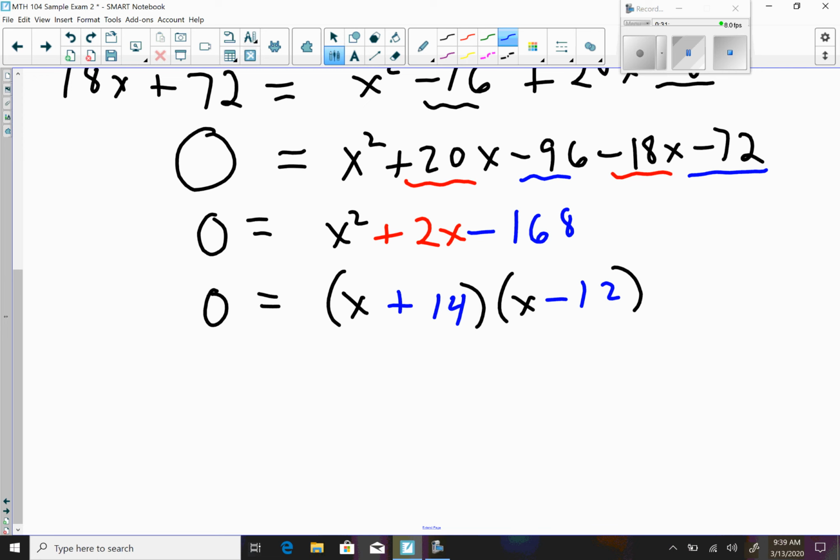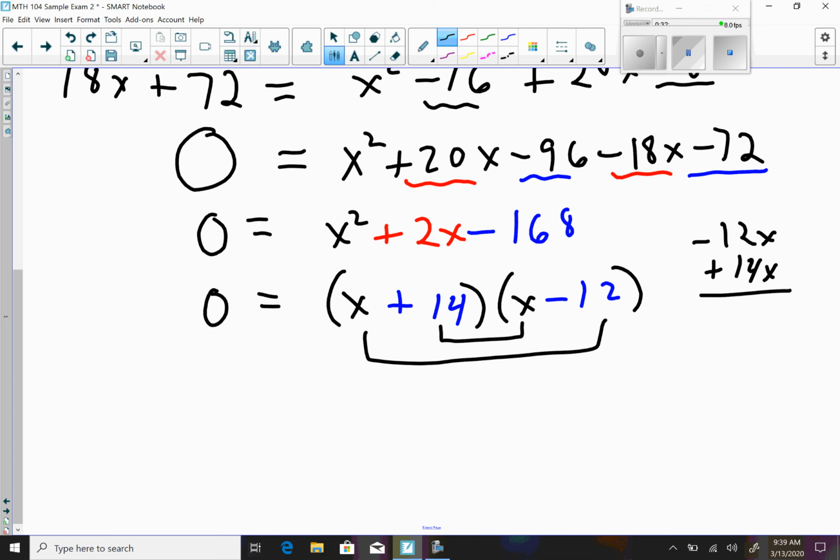So check with your calculator, make sure 14 times negative 12 is negative 168. Check outers and inners. X times negative 12 is outers. Positive 14 times x. Inners. Negative 12x and 14x is positive 2x. That's a check because that's what's there.